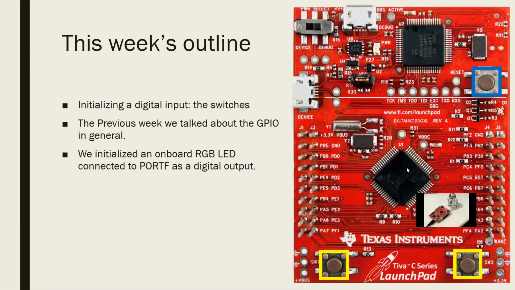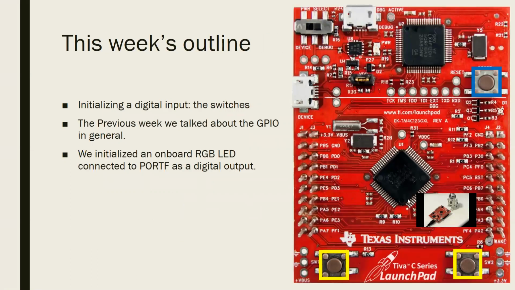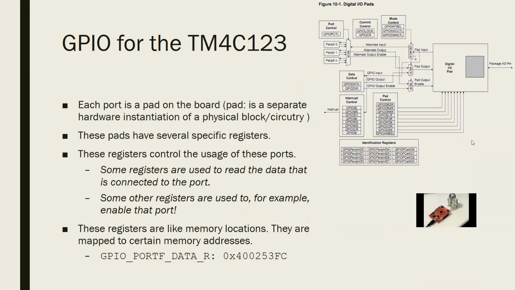And it has these digital pads somewhere here, okay? So this is actually a part of the circuitry of the microprocessor's architecture. And this architecture is flexible. I mean, this circuitry, which we call the digital I/O pads, is a flexible architecture.